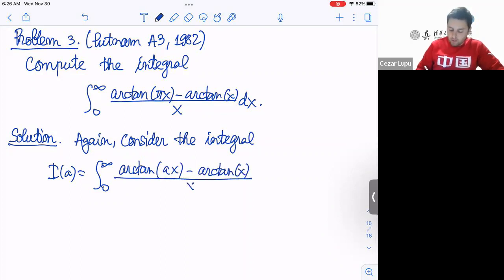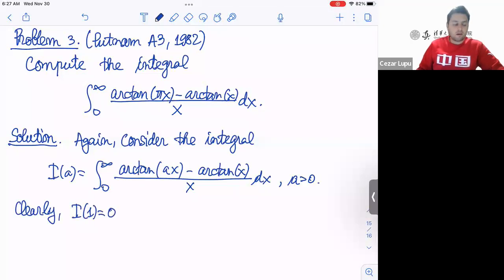And we want to evaluate I of pi. So what happens when a equals pi?